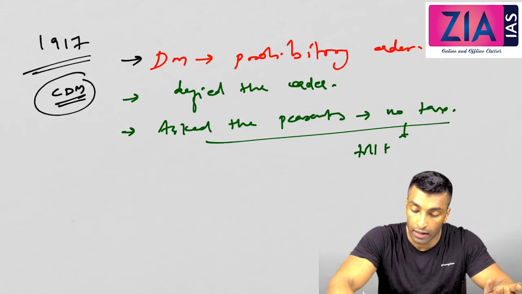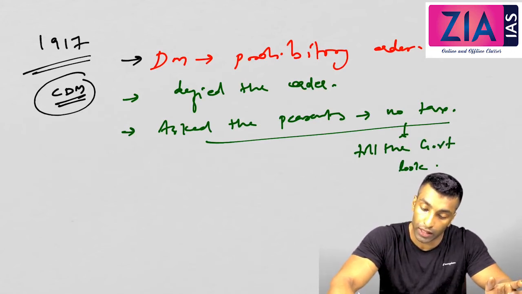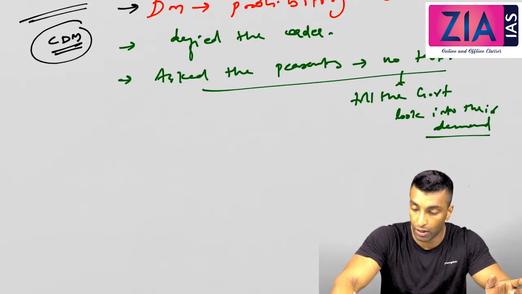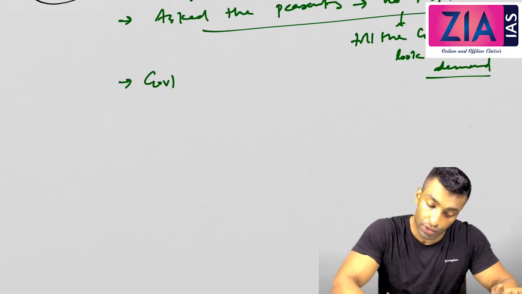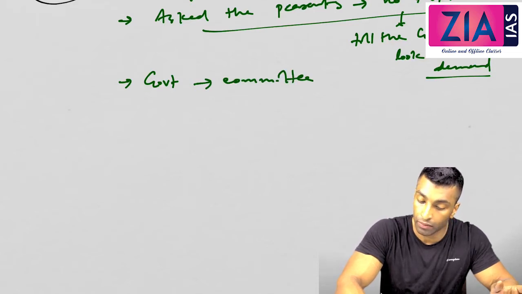No tax till the government looks into their demand. Because of this, the government appointed a committee and that committee recommended.